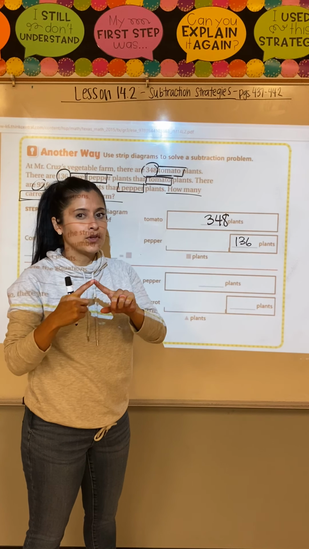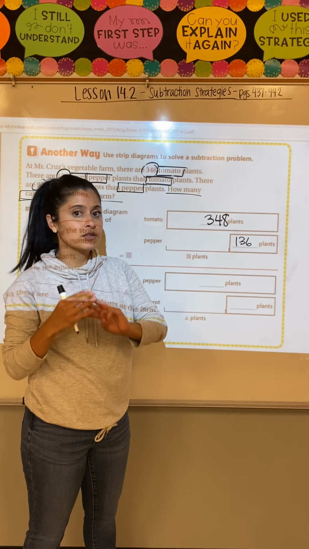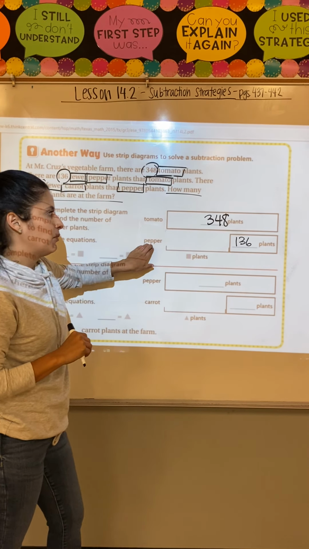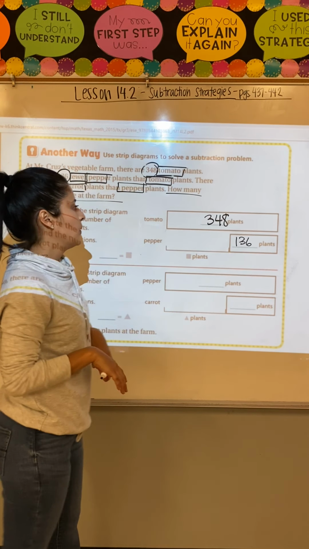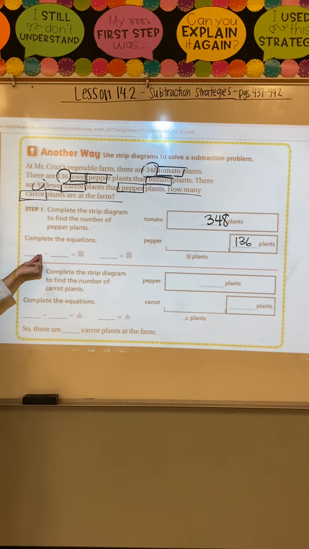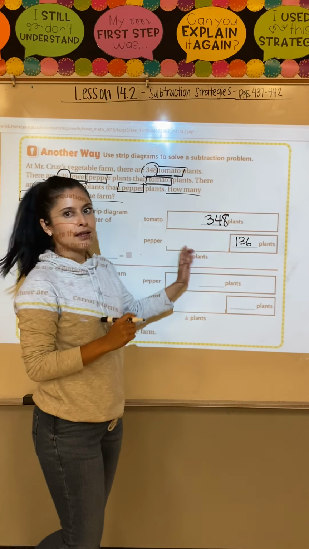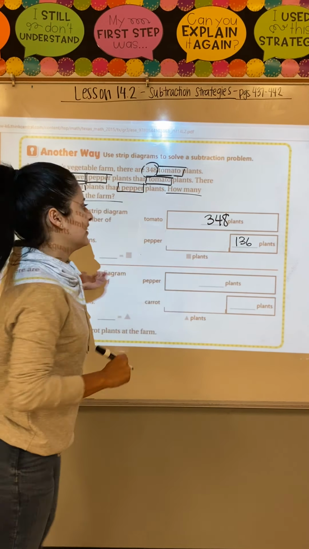Now, fewer, less. Smaller amount. What operation would we use to figure out the amount of pepper plants? Well, we would use subtraction. Let's complete this equation. 348 minus 136 is some number. Let's figure it out. I'm going to put my larger number up top.